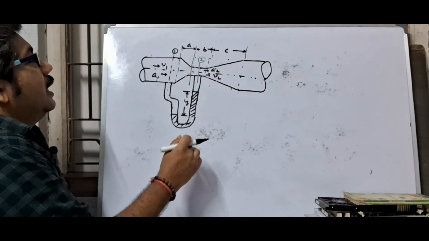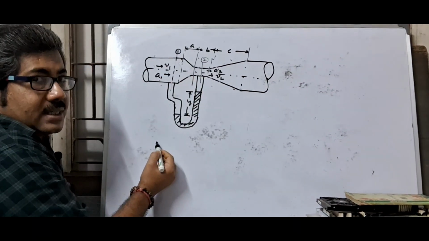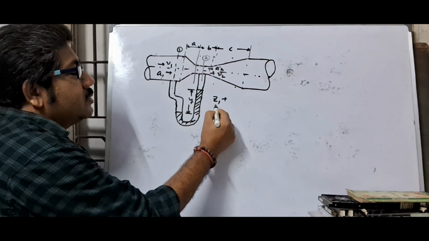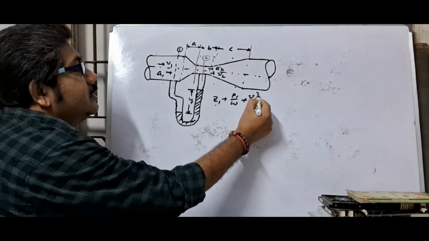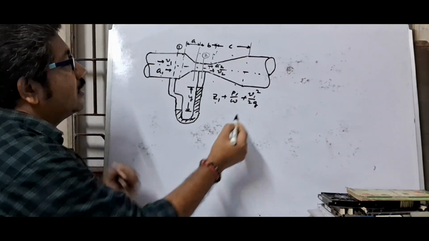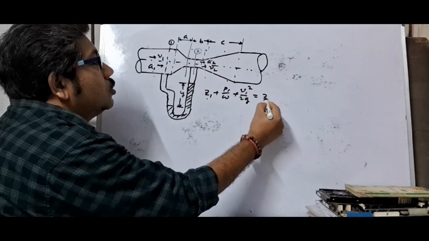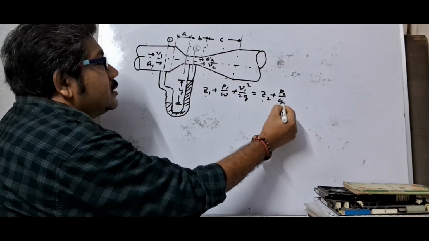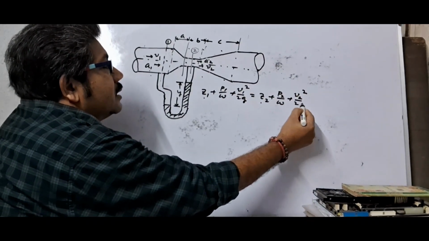Applying Bernoulli's equation at 1 and 2 section: this is potential head, this is pressure head, and this is kinetic head at 1 section, that is equal to 2 section potential head, pressure head, and kinetic head.